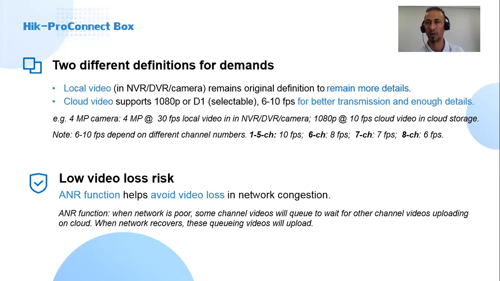Then the recording will automatically happen on the camera itself onto that SD card, and it will automatically get uploaded to your HIK-Pro Connect box. This is what is called the ANR function, automatic network replenishment. So in the event somebody unplugs the network cable or steals your physical device, your data will not get lost.